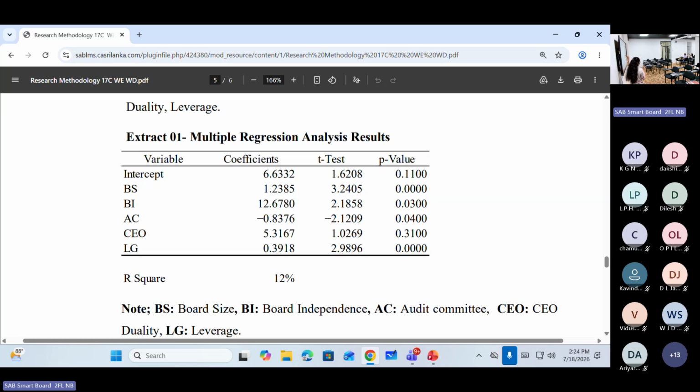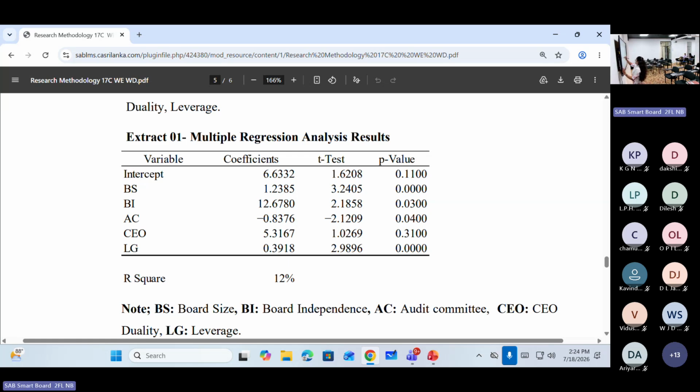What is your dependent variable? Firm financial performance. So board size creates an impact on financial performance. Second variable, board independence. The significance value is 0.000. That means it is creating a significant impact on financial performance, yes or no? Yes, right.